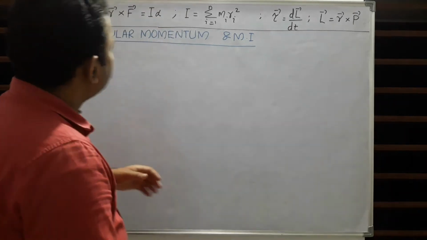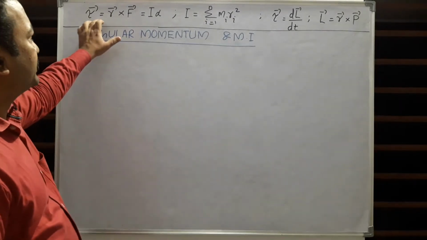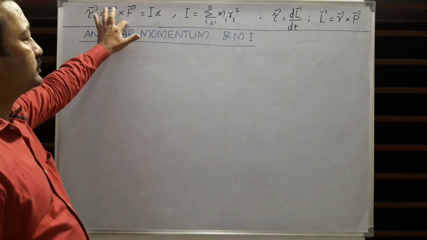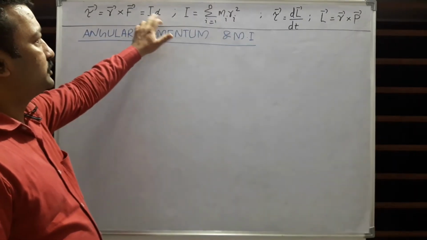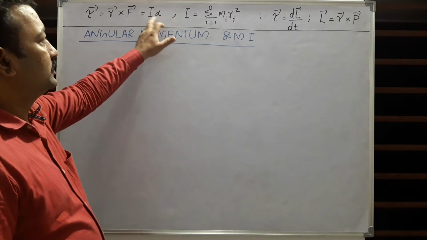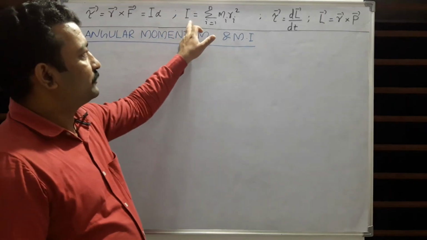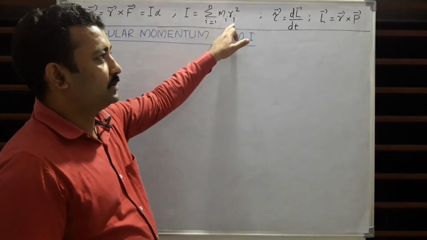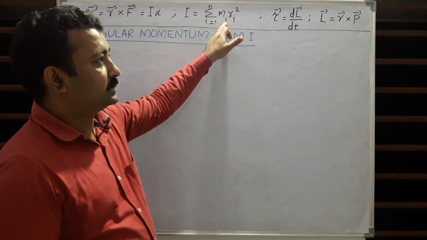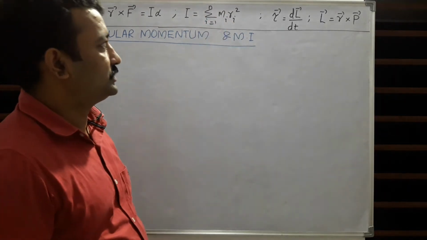So we have already seen these relationships, how the torque is defined as R cross F, and this is equal to I into alpha. It is very similar to mass into acceleration in linear or translational mechanics. And the moment of inertia of a system of particles is given by sigma i equal to 1 to n m_i r_i square, where m_i are individual particles' masses and r_i are their corresponding distances from the axis of rotation.